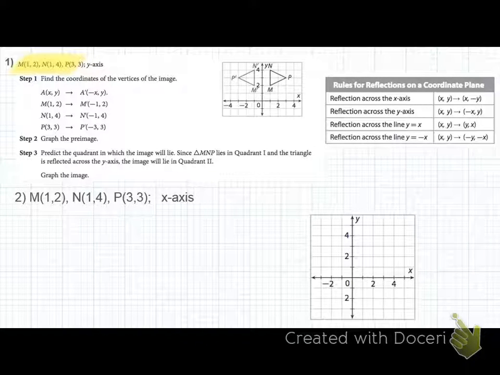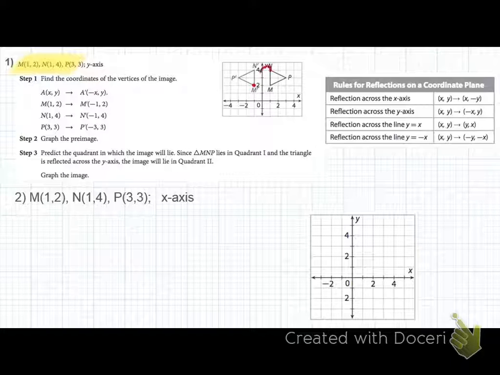So there's 2 ways you could do this. First way you could do it is you could look at the point M and figure out how far it is from the y-axis. Only 1 unit. So I could start from the y-axis and go the opposite direction and move 1 unit there. You'll see that right here, and then we have point M prime.